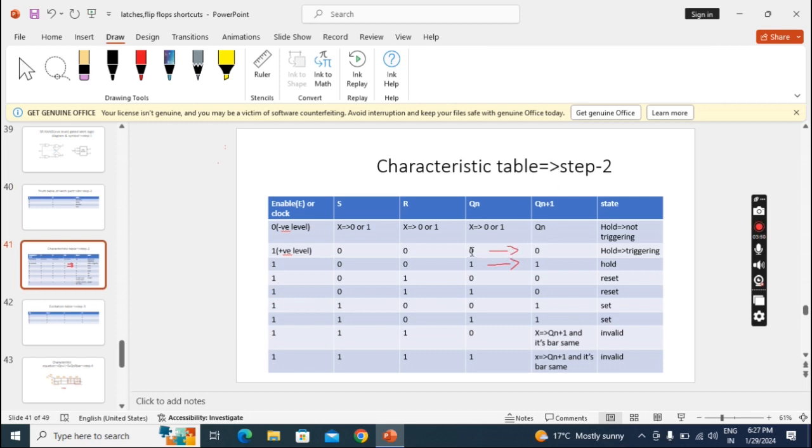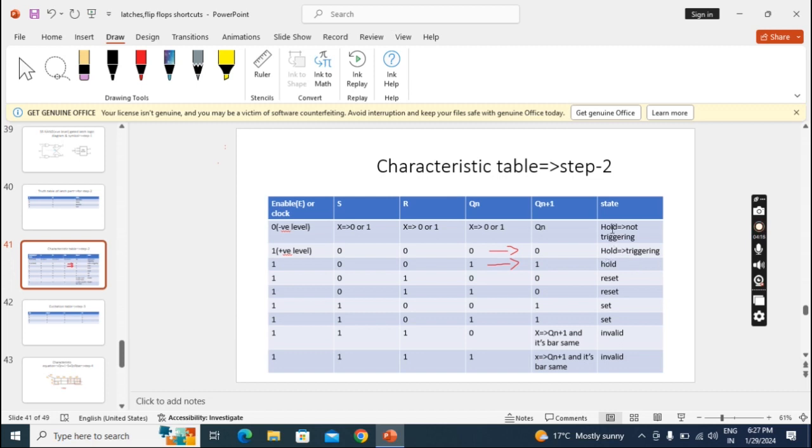What is the Qn value? When Qn value is 0, Qn+1 is 0. And Qn value is 1 also, so Qn+1 value also becomes 1. So this is called hold. 0 is there, 0 is coming, so hold. 1 is there, 1 is coming, so hold. But what's the difference between this hold and these two holds?